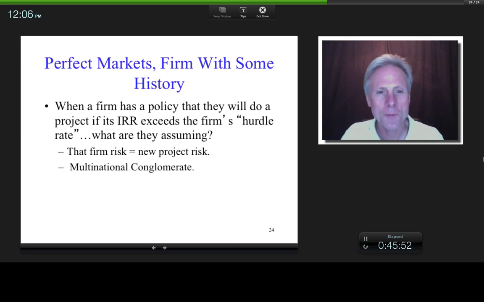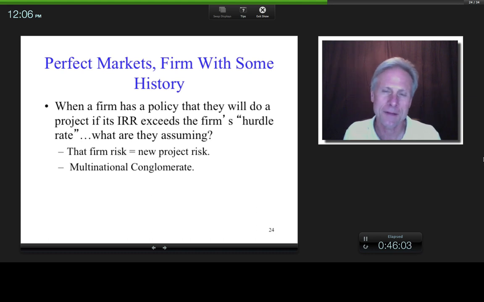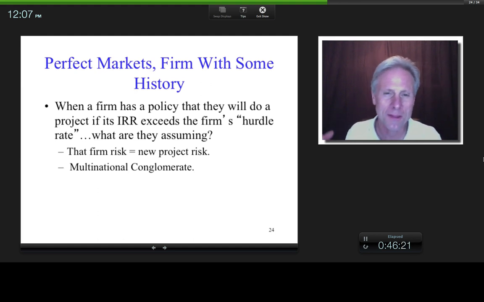I mean, you could have a multinational conglomerate, for example, that makes defense equipment and machinery that makes orange juice and agricultural chemicals and so on and so forth. It's a whole hodgepodge of risks. And the firm would have one hurdle rate because the market is looking at this conglomerate as a whole, which is what the stock price is based on and their bond prices.